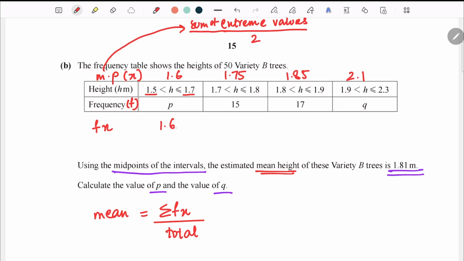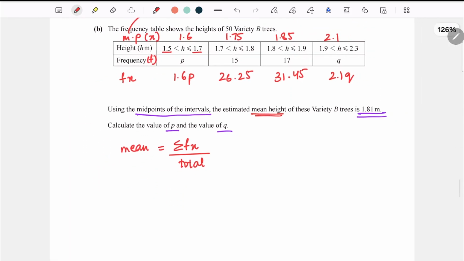For this it is 1.6p. Then 15 multiplied by 1.75 is 26.25. Then 31.45, and last is 2.1q. To find the mean, the mean given in the question was 1.8. So I'm going to put this value over here.